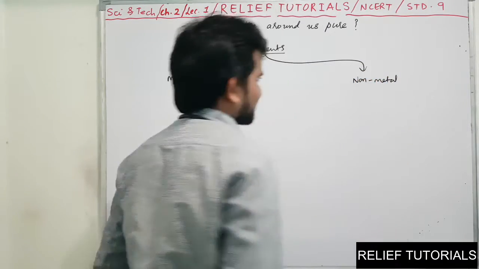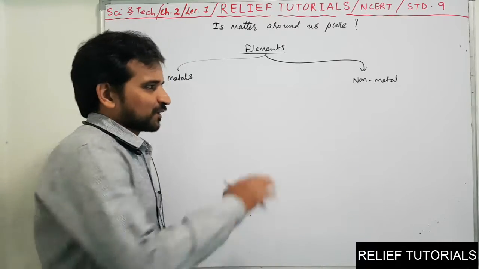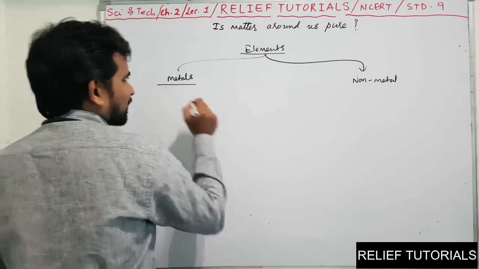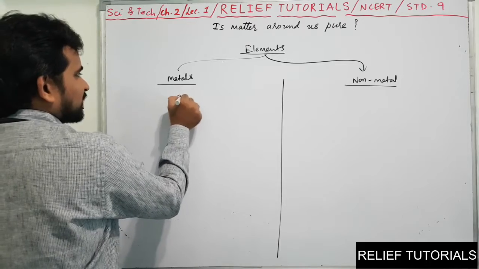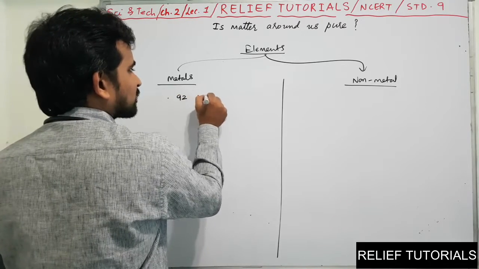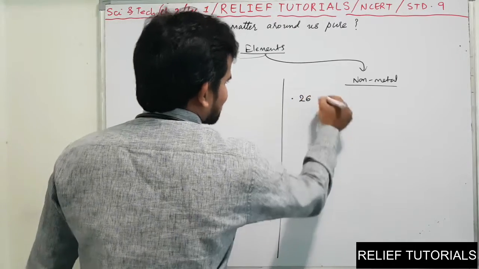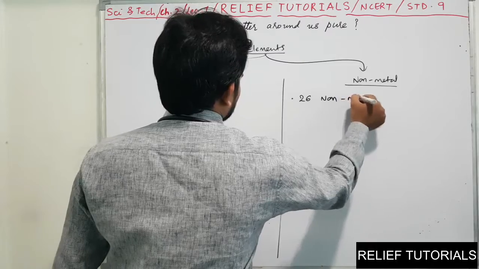One more category is there, semi-metal, but we are not focusing on that. Semi-metals are right now included in non-metals. Total number of metals are 92 and total number of non-metals including semi-metals are 26.